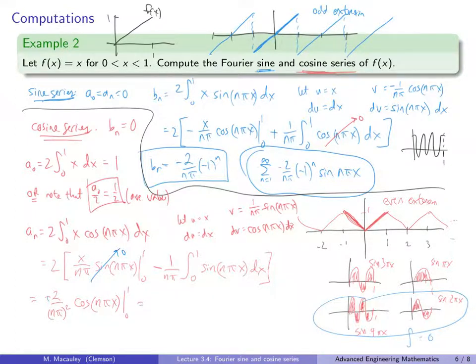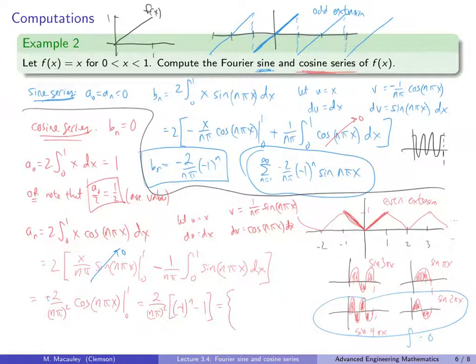Cosine of n pi x is cosine of n pi, that's negative 1 to the n, and then cosine of 0 is 1. So this is 2 over n pi squared times negative 1 to the n minus 1. And if you prefer, we can write this as two cases.